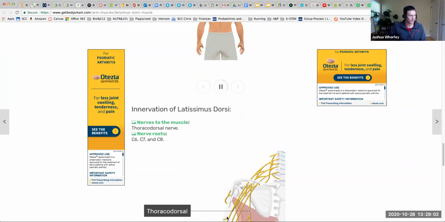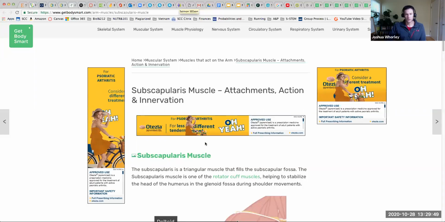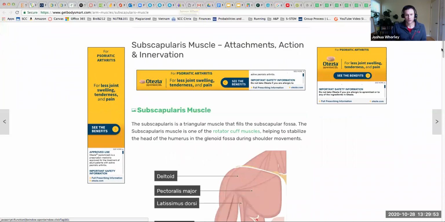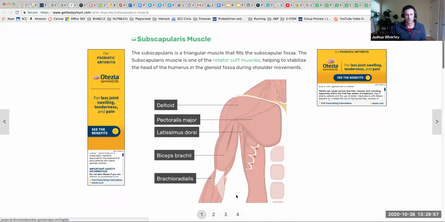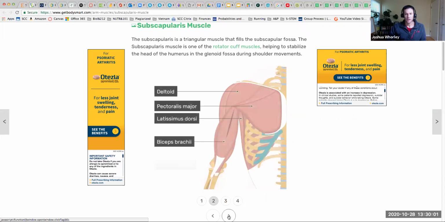And then we have our muscles of the shoulder cuff. Remember that these muscles basically hold the humerus into the glenoid fossa of the scapula. So we'll start with the subscapularis, this kind of tricky one that's on the anterior portion of the scapula.